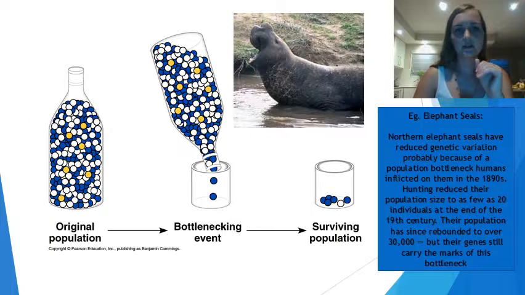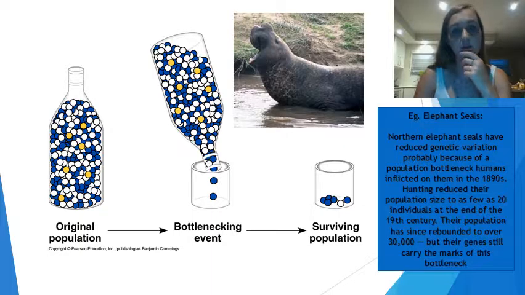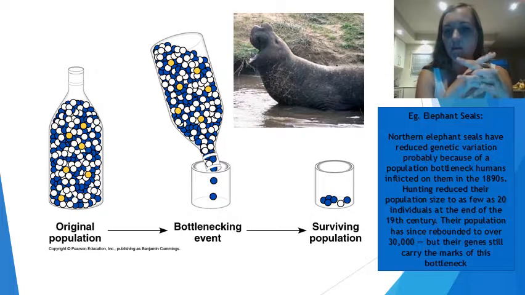Okay, so let's look at an example of that. You can see on the picture what I was describing with the bottleneck effect. So only a few little organisms can survive and escape from the deathly bottle, apparently. Now an example of this is the elephant seals. In the 1890s, hunting caused the elephant seals to be reduced to 20 individuals. 20.